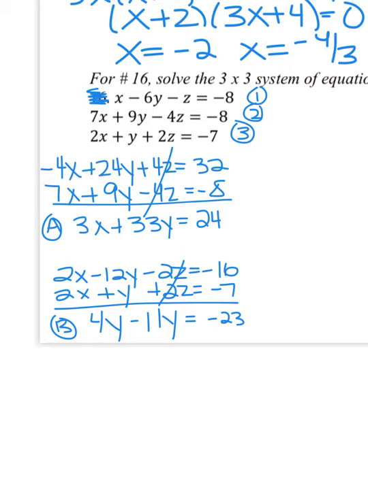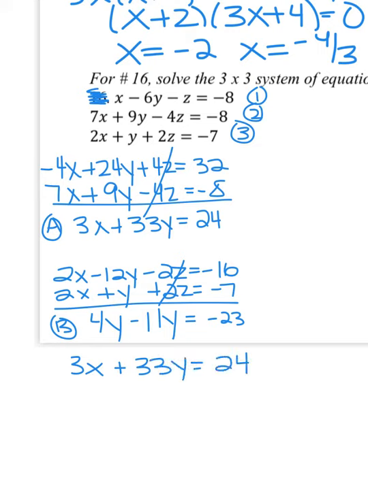So to do elimination on A and B, I'm going to eliminate the y value. So to eliminate the y value, I'm going to just multiply this bottom equation by 3. 3x plus 33y equals 24.